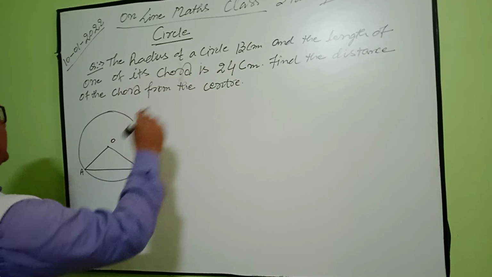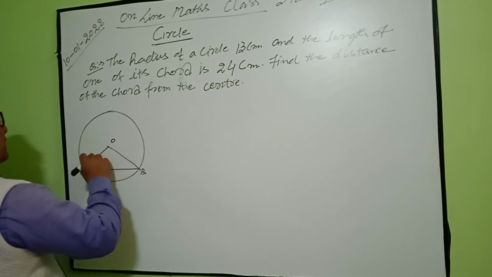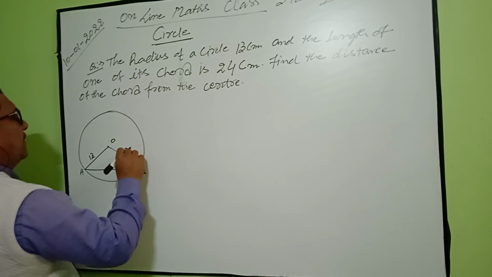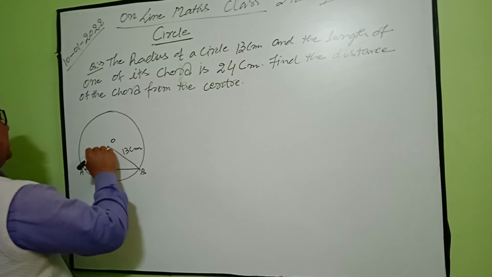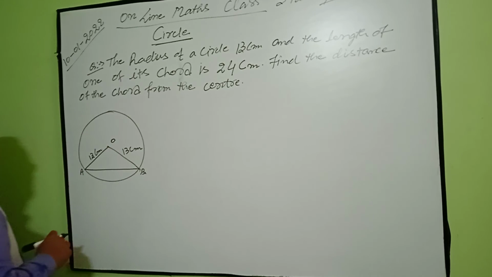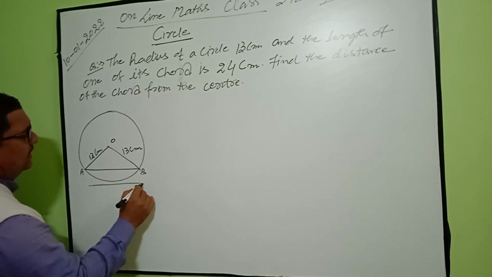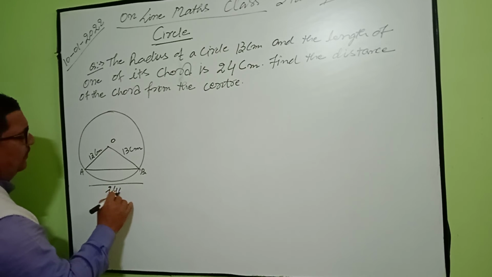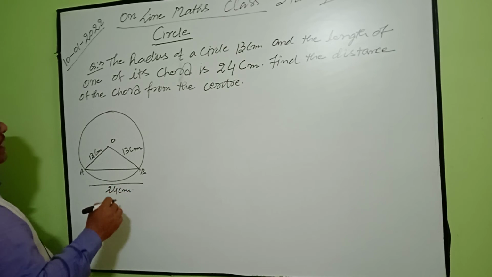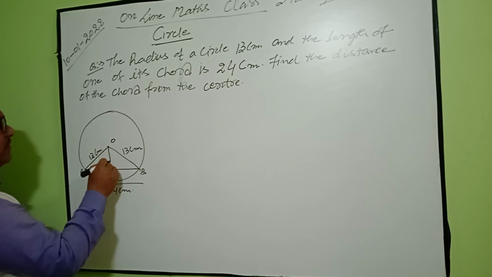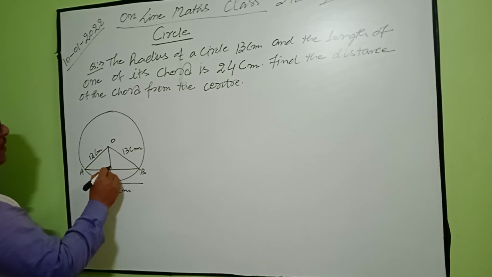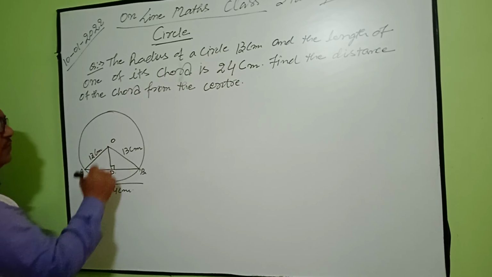Now listen, radius is 13 centimeter, and the length of one of its chord is 24. Total length is 24. Now find the distance from center to the chord, meaning OP equals what?